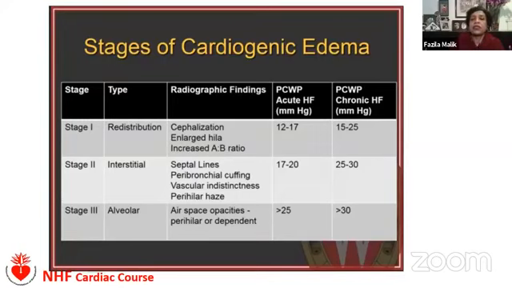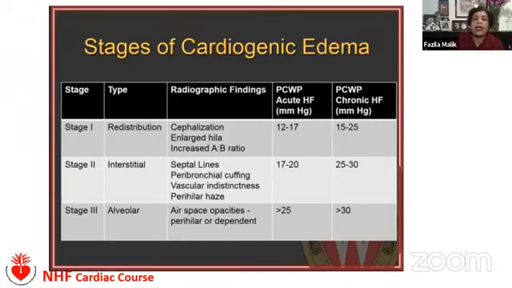And this occurs typically when there is acute heart failure, when the pulmonary capillary wedge pressure is between 12 to 17. And in case of chronic, it will be higher than that, like 15 to 25.